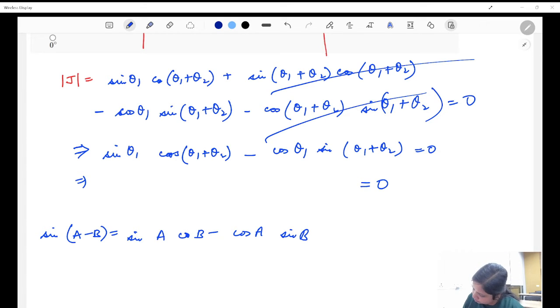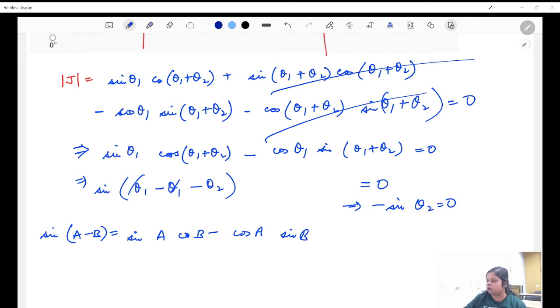When you put this here, what you'll get is sine of theta 1 minus (theta 1 plus theta 2), right? So that means minus sine theta 2 is equal to 0.